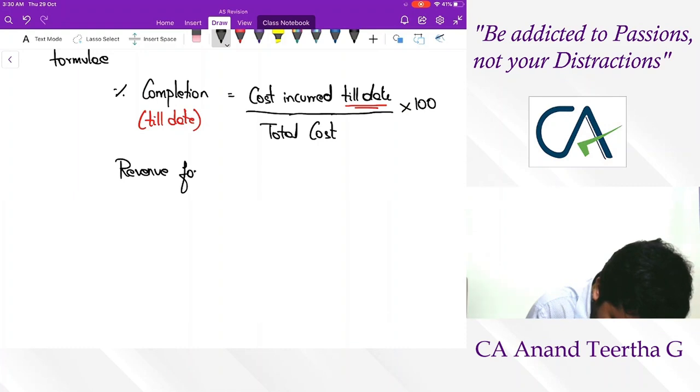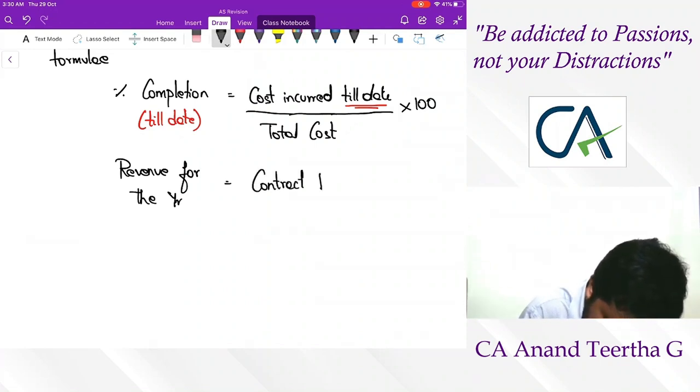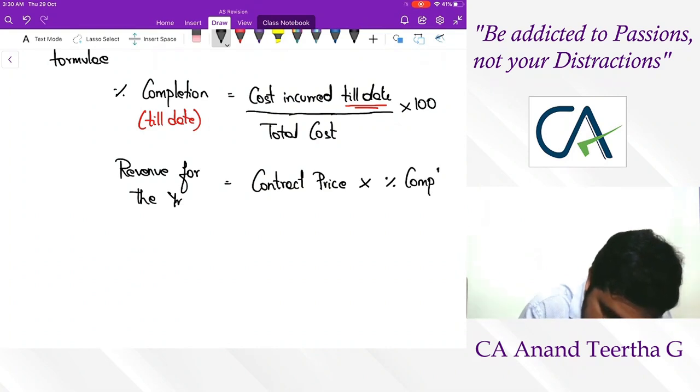So revenue for the year is equal to contract price into percentage completion, minus revenue already recognized.